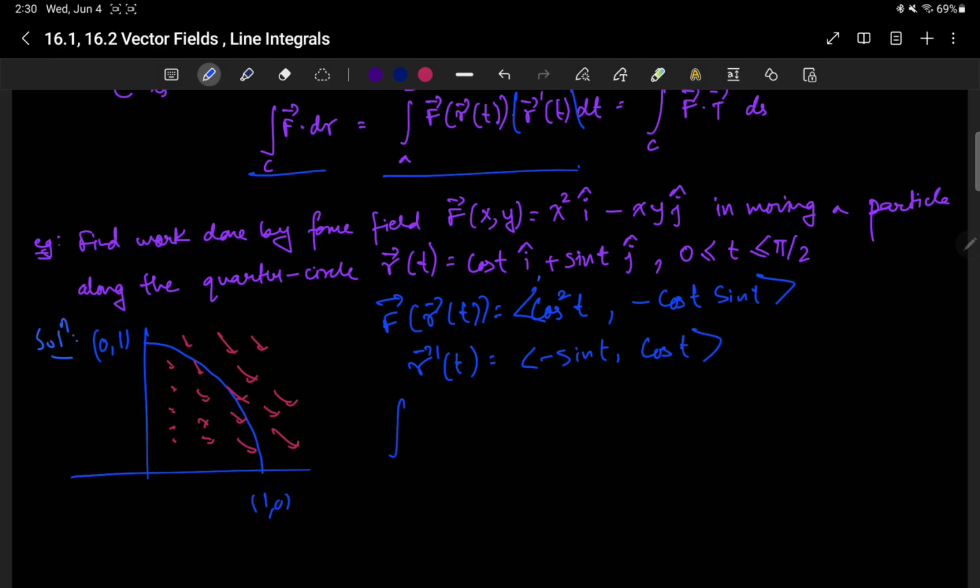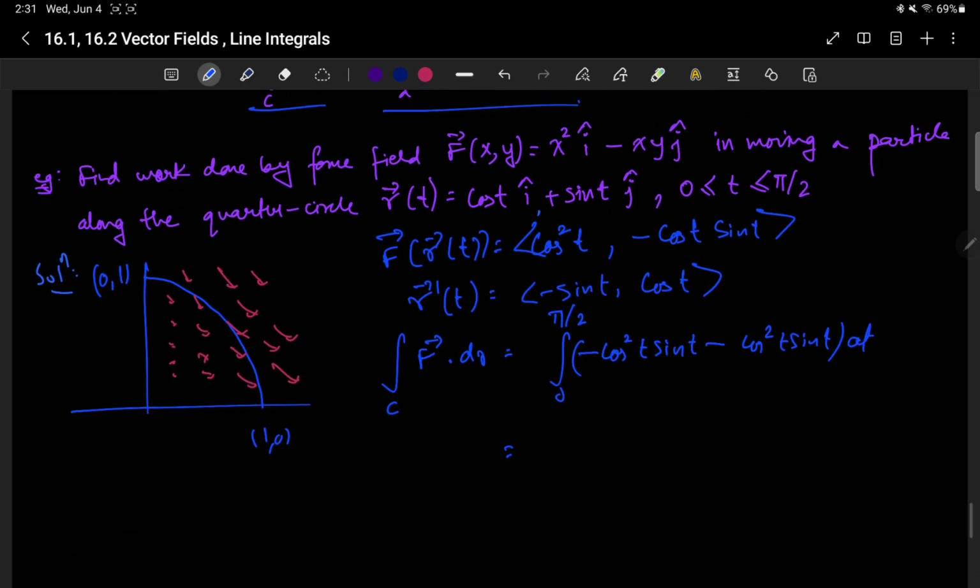So the work done is going to be the line integral of F dot dr. So it's 0 to pi over 2, dot product of these two vectors is going to be negative cosine squared t sine t minus cosine squared t sine t dt. So that's just negative 2 cosine squared t sine t dt.